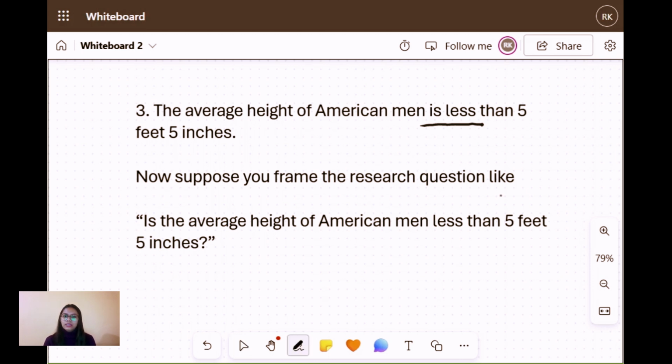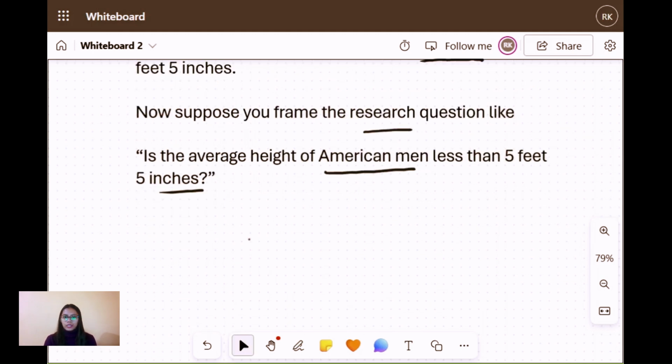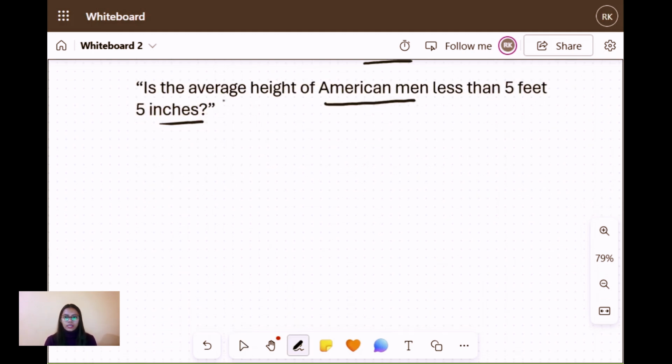So for this we can frame the research question like: is the average height of American men less than 5 feet 5 inches? Based on this belief, what is our keyword? Less than. It has the direction to the left, which has the sign less than.